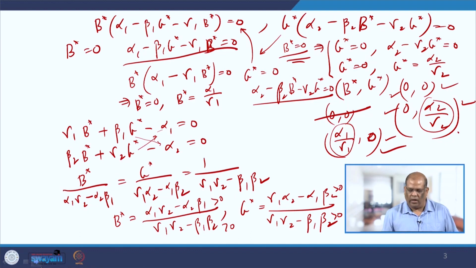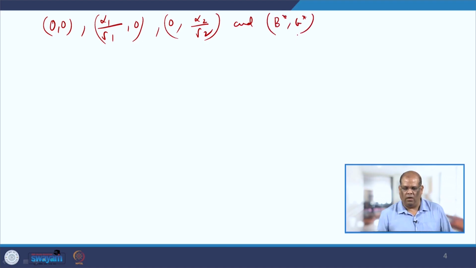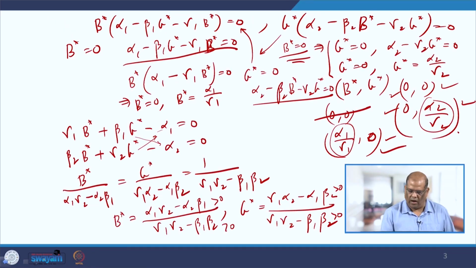So, after getting the equilibrium solution, we go for the stability analysis. So, you have 0, 0, you have alpha 1 by gamma 1, 0, you have 0, alpha 2 by gamma 2, and B star, G star, where B star and G star have been given in this form.